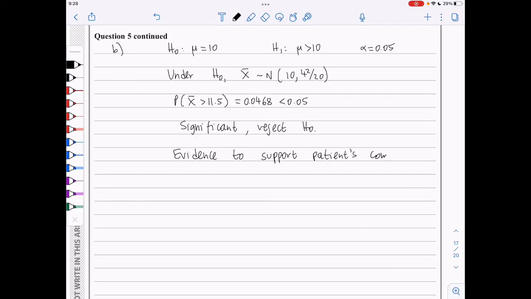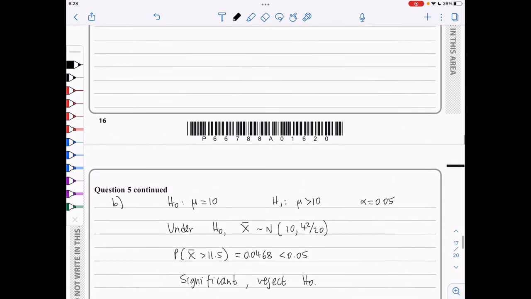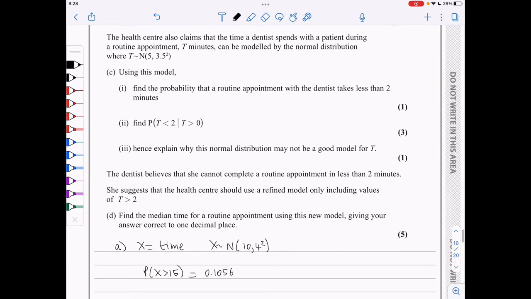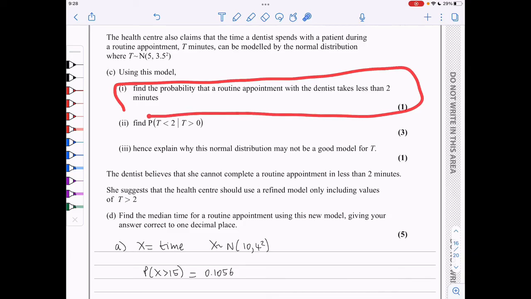So we always end up with a conclusion in context. And now part C, we've got a health center claims that the time a dentist spends is capital T, which is normally distributed with mean of 5 and a standard deviation of 3.5. And using this model, we need to find the probability that the routine appointment will take less than 2 minutes.